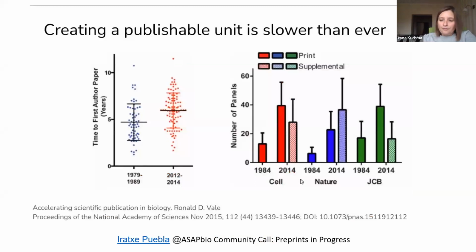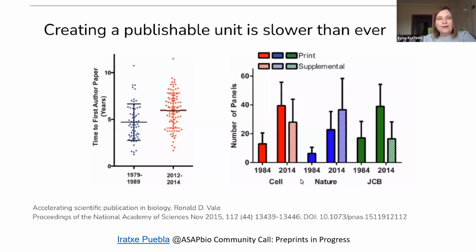And why preprints are so popular now is because this time between submitting an article and publishing an article is longest ever. You would think that with all technological advances it's faster, but it's not. It really takes a lot of time.